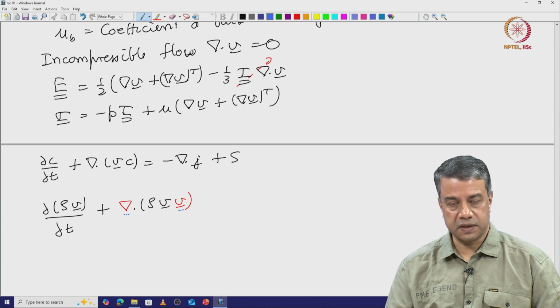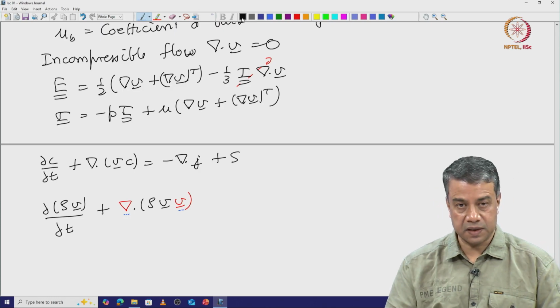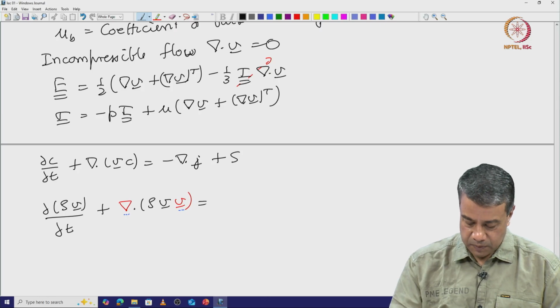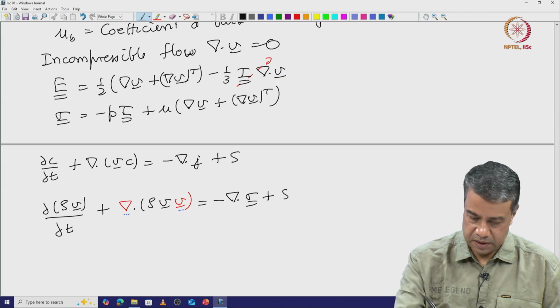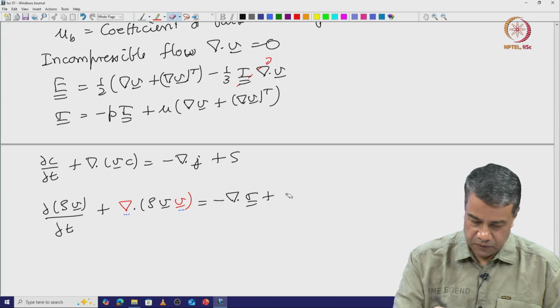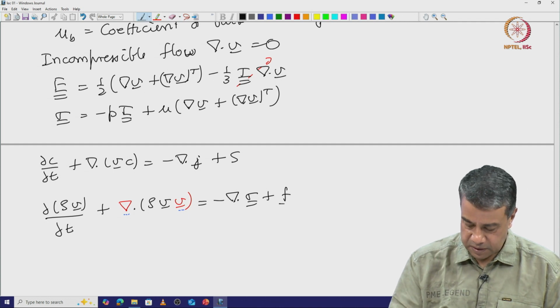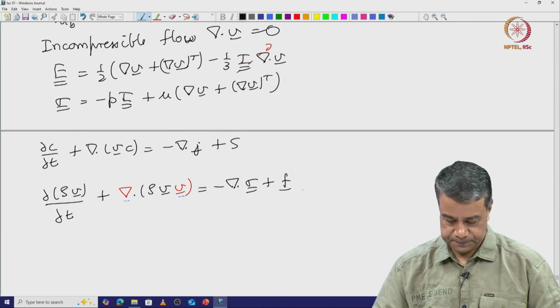This is equal to minus divergence of sigma plus the body force density F.